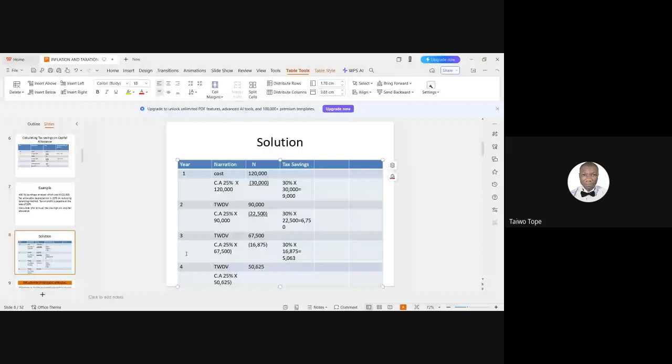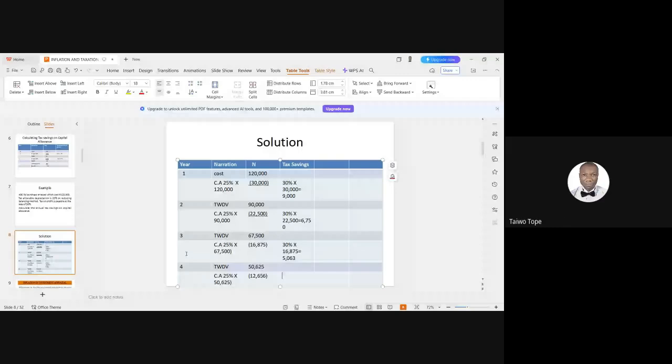We have it as what? 12,656. So your tax savings as at this period will be what? 3,797.